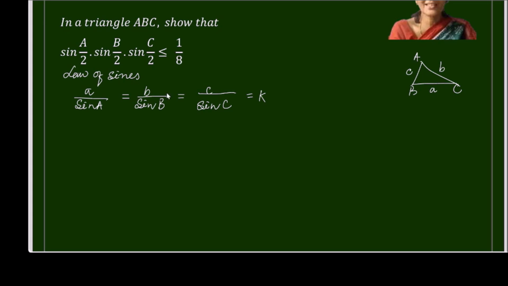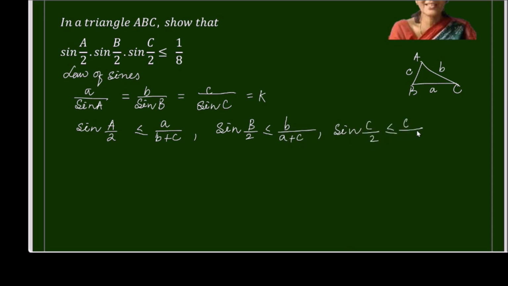Taking this, now I'll prove next that sine half A is less than or equal to a over b plus c, and sine half B is less than or equal to b over a plus c, and sine half C is less than or equal to c over a plus b.